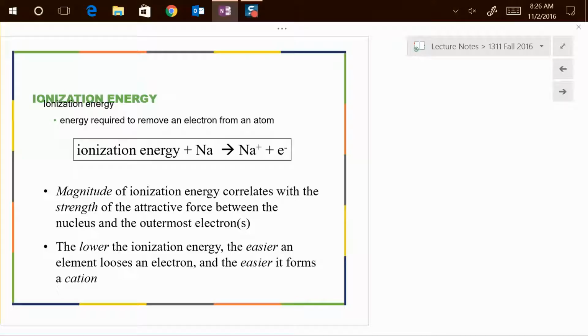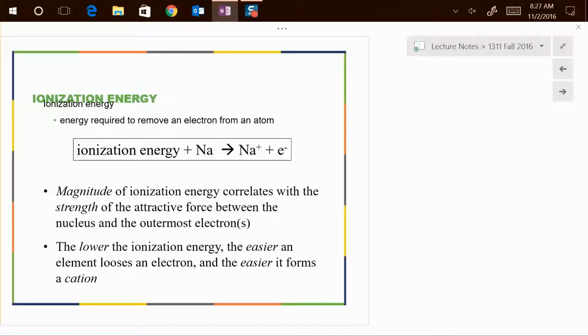Hydrogen has an electron very close to its one proton in the nucleus. So no, it's not hydrogen. So the trend for ionization energy is, let's see, what do you guys think? Is fluorine going to have a high ionization energy or a low ionization energy? Francium has a very low ionization energy.